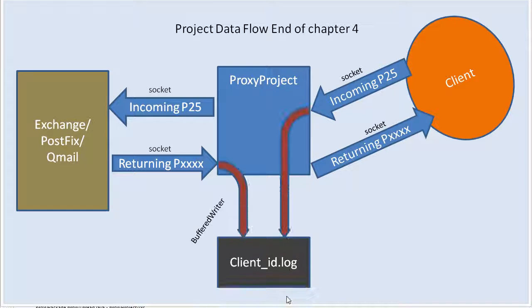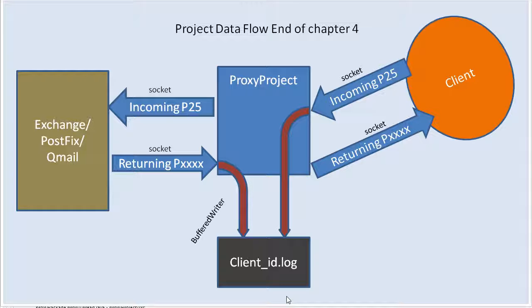What we did in our last project, in Chapter 4 actually, is we hooked in a buffered reader so that we could log the information as it came through on the incoming ports. So we're reading the commands, and the returning information is typically not something we would log unless the return is a response to text.